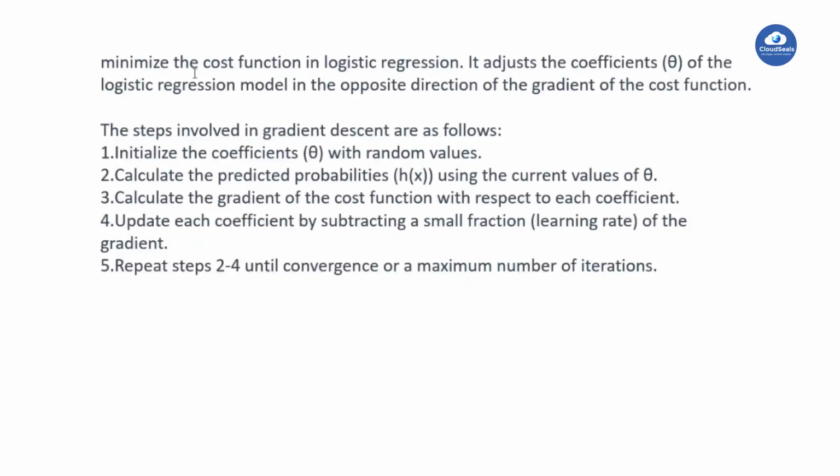Here, let's say gradient descent. There are 4 steps to reduce the cost function. First, it automatically selects random values as the coefficients. It predicts the probability value. Then it calculates the error. If the error is very high, but we don't know whether we are able to minimize that error or not, what it does is adjust the coefficient values by the given output to reduce the cost function.